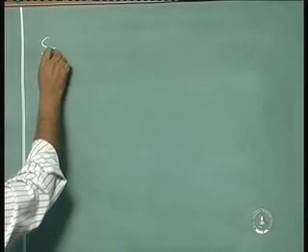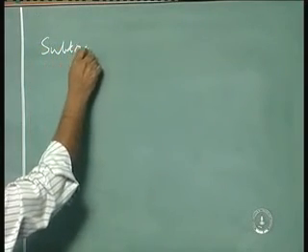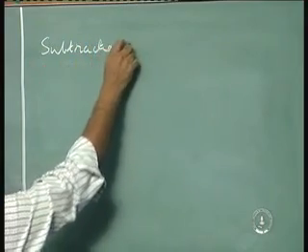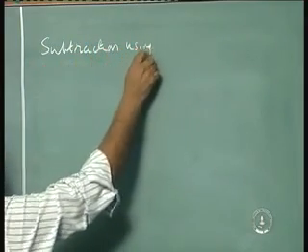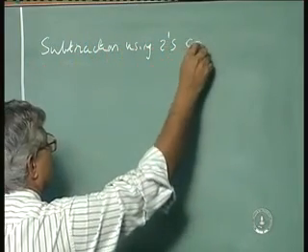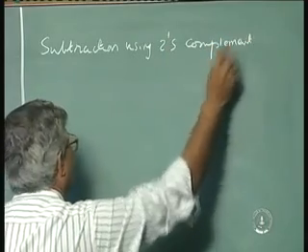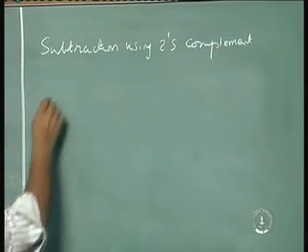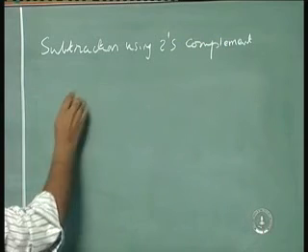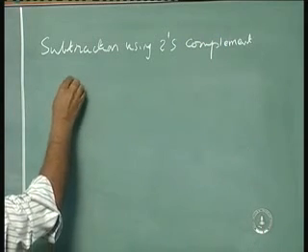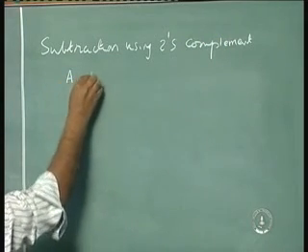So let us do this example: subtraction using 2's complement. Let us again take a simple 4-bit example. Now I want to subtract a minus b.